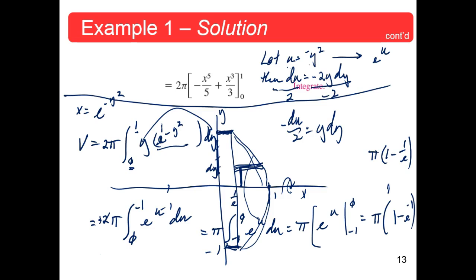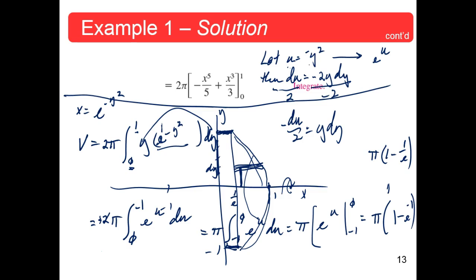Had some new stuff, but for those who have already had the substitution method, it's nothing new. Now, the exploration here, for those who prefer the disk method, here's how you would have to do it.